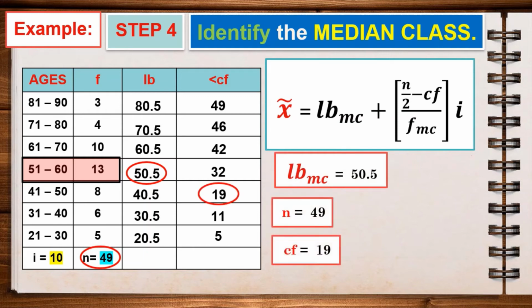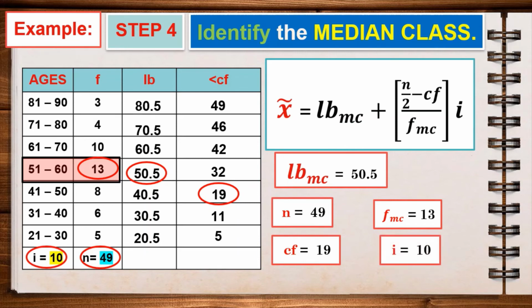And then, yung ating cumulative frequency, yan po yung nasa baba ng lower boundary, which is 19. And then, yung ating frequency mismo, na nasa median class, that is 13. And then, yung ating interval natin. Okay? So, isa-isahin natin yung ililipat natin na number doon sa substitute natin.